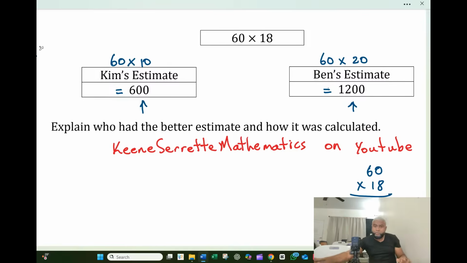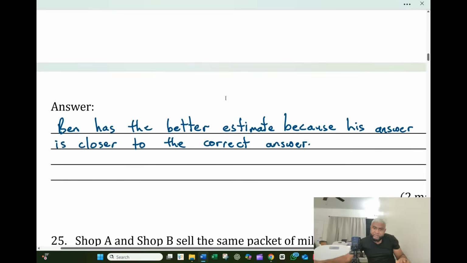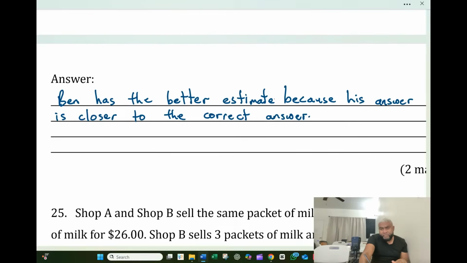So we need to write this though. So Kim estimated, or rounded, the 18 down. Let's put estimated the 18 as 10.